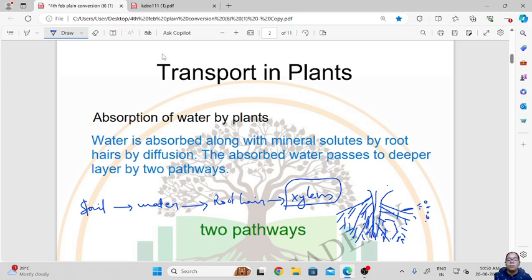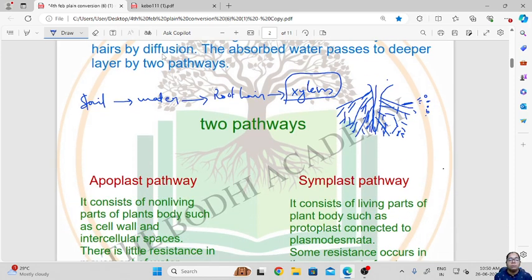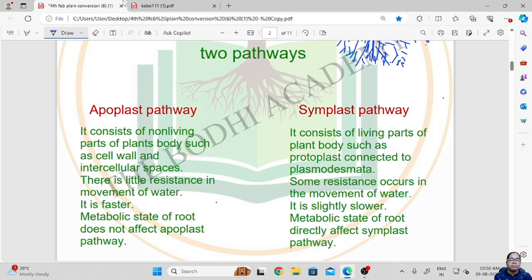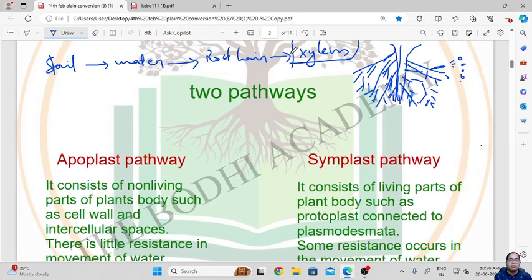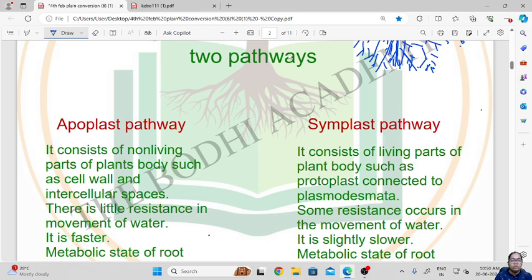So how does this process happen? This process happens through two pathways, and these two pathways are the apoplastic pathway and the symplastic pathway.